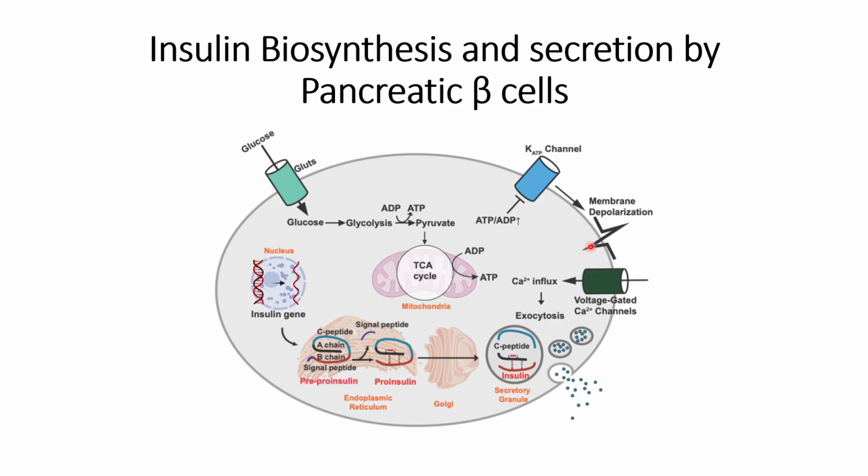Because of this, it triggers calcium influx into the cytosol of the pancreatic beta cells, and this increase in the amount of calcium within the pancreatic beta cell will trigger the exocytosis of matured insulin from the beta cell.